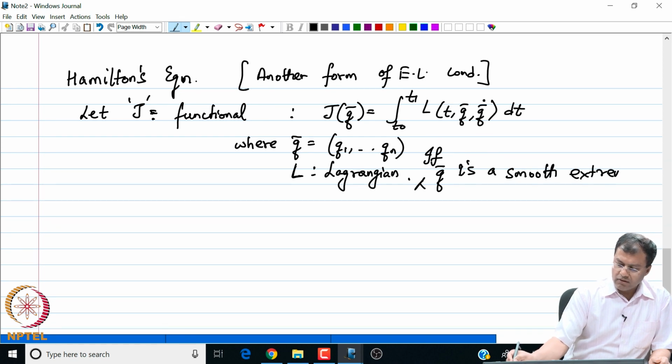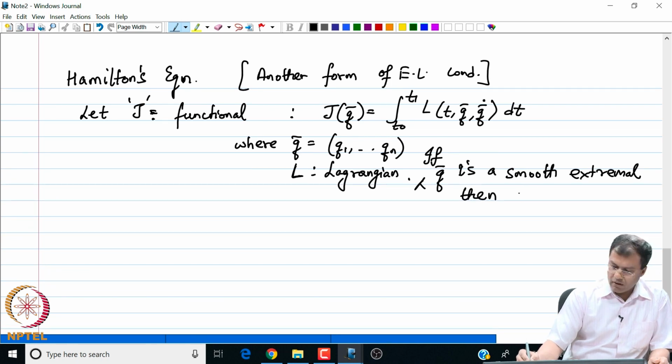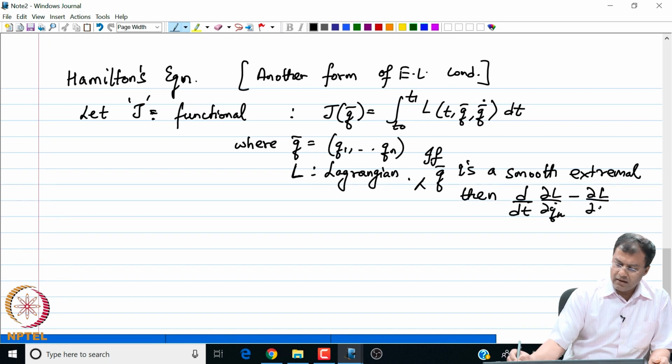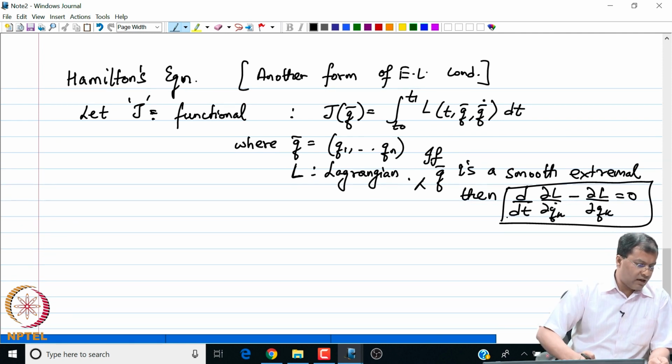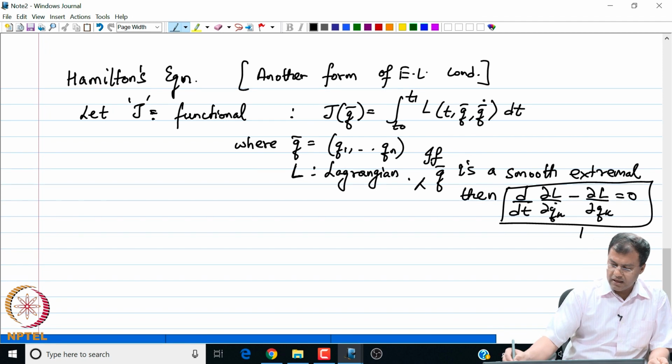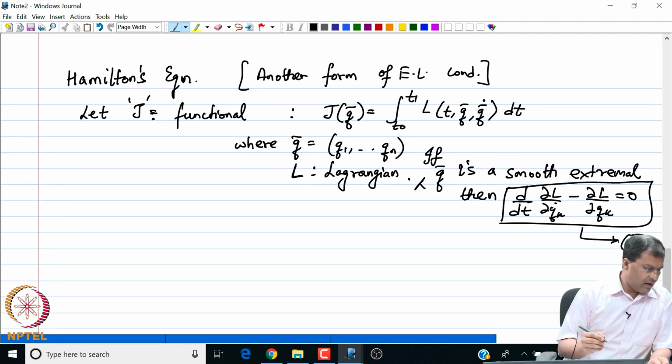If q is a smooth extremal, then it must satisfy the n Euler-Lagrange equations, which are d/dt of ∂L/∂q_k dot minus ∂L/∂q_k, set equal to 0. Let me call this relation 1.